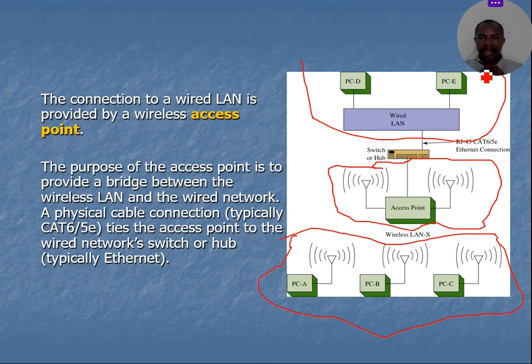So we need an access point to create that. It's like a gateway. The access point is the gateway that helps create that linkage between a wireless network and a wired network. Is that okay?